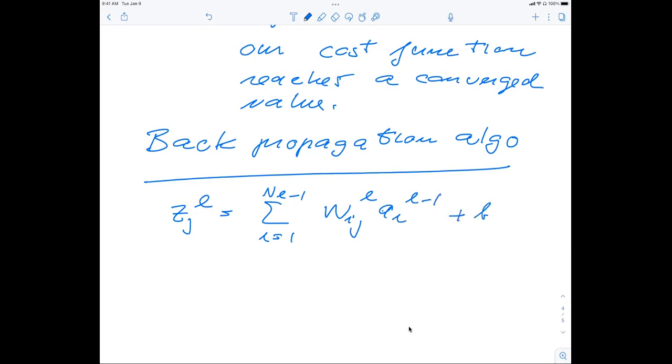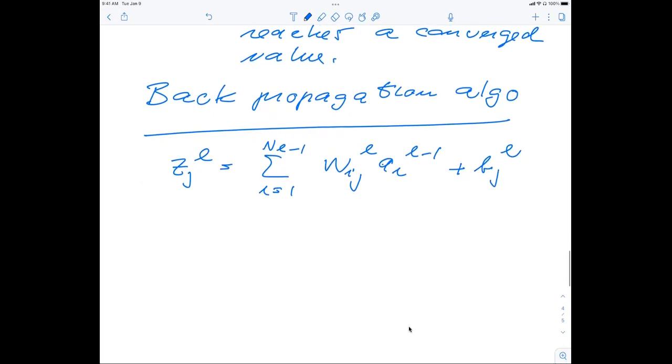And then we have this bias b_j of L. And then we have defined this a_i as the output from layer L minus 1 and node i. This is the output of the activation function, which takes as input z of L minus 1 for node i.